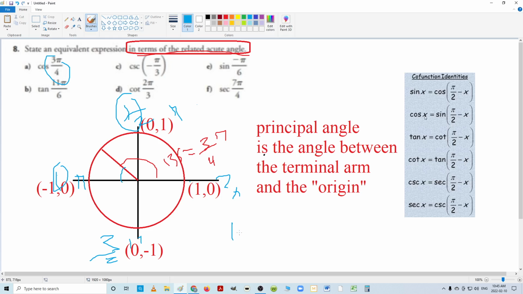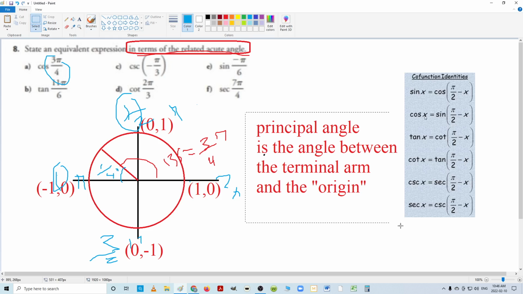It's 180 minus 135, which is 45. To do it with pi's, you know that 180 degrees is 1 pi. So you do 1 pi minus 3/4 pi, and you get 1/4 pi, which is the same as 45 degrees. So we know this acute angle in here is 1/4 pi. We're halfway there.